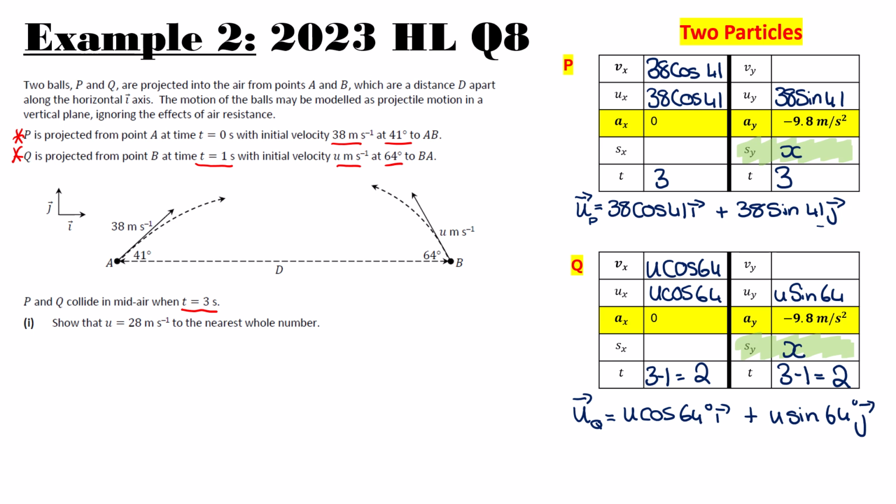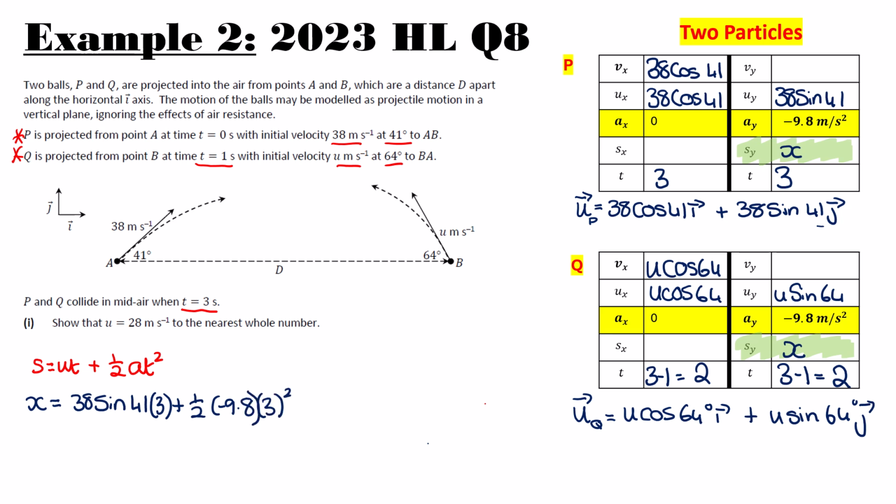So I'm going to work out for each of them s equals ut plus a half at squared. So s equals ut plus a half at squared. That gives us for P, x equals 38 sin 41 times t plus a half times minus 9.8, and we know t is 3, so 3 squared.